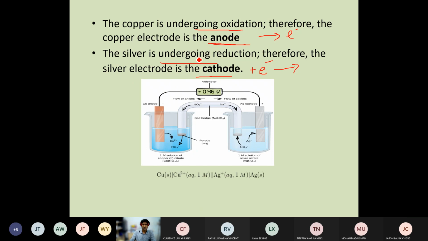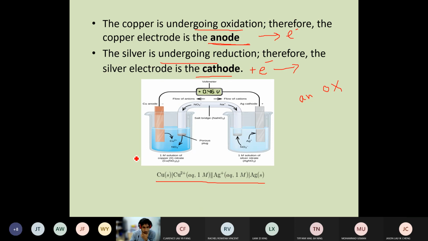Just remember that anode is oxidation. There is an ox, there is an ox. Anode is oxidation. And this is the way that we write the electrochemical cell.